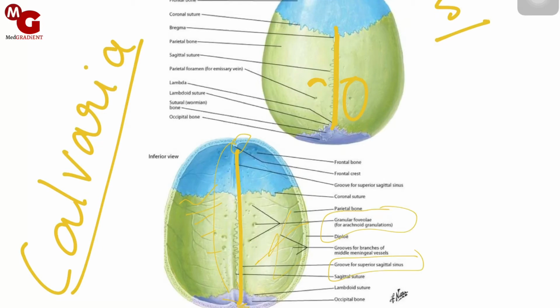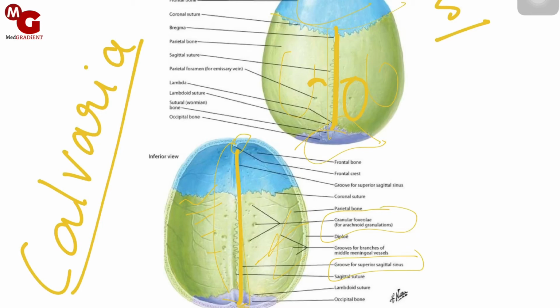But from the osteology, you just need to remember that calvaria is formed by how many bones? 4 bones: frontal, 2 parietal, and 1 occipital, right? And externally we can see coronal suture, sagittal suture, lambdoid suture. Internally we can see the groove for the superior sagittal sinus. We can see the granular foveae. You can then see the sagittal suture again towards inside. Then you can see the lambdoid suture. All the sutures can be seen from inside. So this is what we learned from the calvaria.